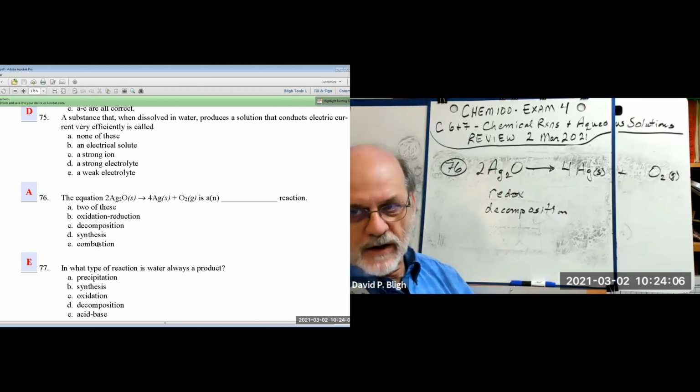The driving force of a reaction could be the formation of water. Now, if you have an acid-base reaction like the one I showed you earlier, where you form a precipitate, where you form a solid, that's also a driving force for that reaction. But all acid-base reactions are driven by the formation of water at the minimum.